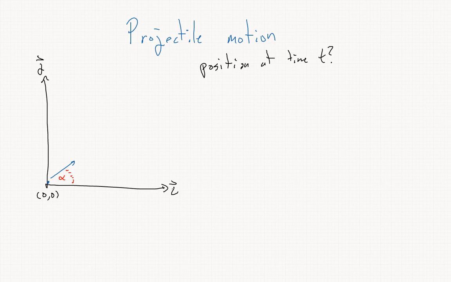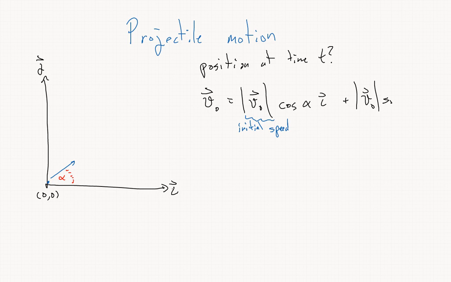So the initial velocity will be, let's say the magnitude, so the speed, this is the initial speed, times cosine alpha i plus initial speed sine alpha j.